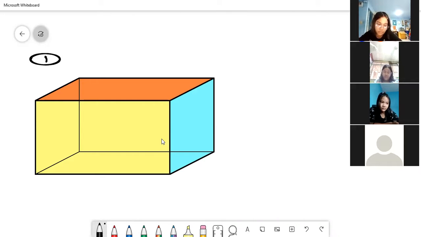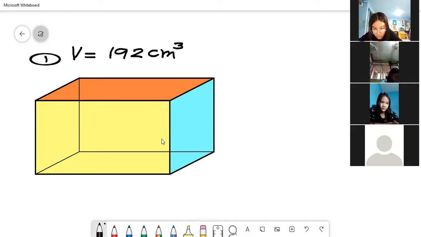Number one, the volume is 192 cubic centimeters. I will not put where the length is, but you draw it and put the numbers in your notebook. I will just give the numbers here.